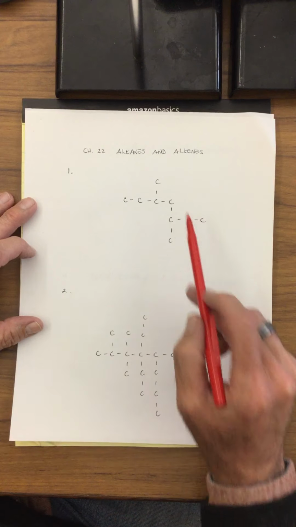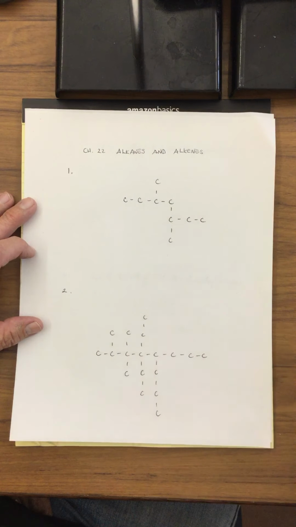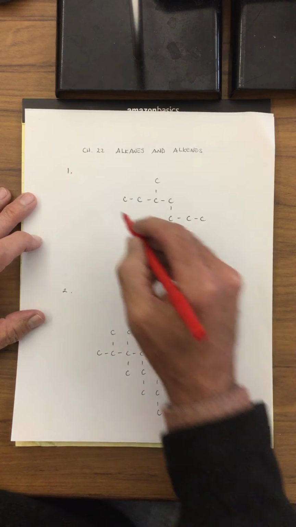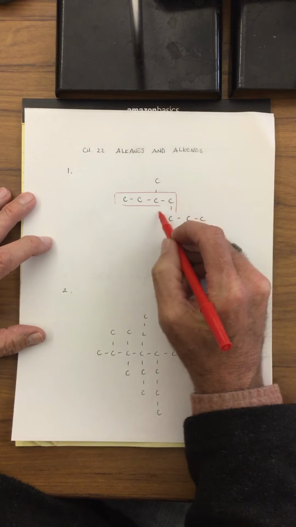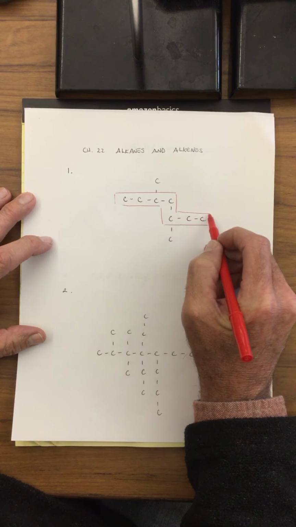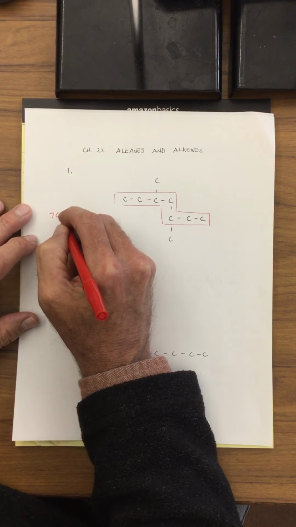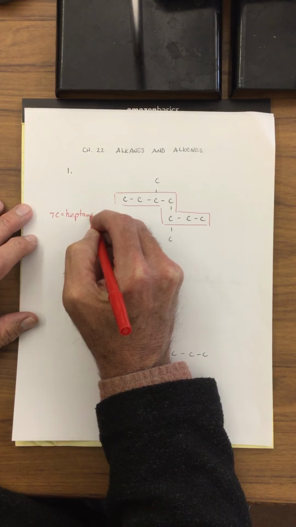Let's see if there are any other combinations. 1, 2, 3, 4, 5, 1, 2, 3, 4, 5, 6. So it appears that 7 is the longest chain. So I'm going to go ahead and block out my 7 carbon chain. And again, 7 carbons is going to be called heptane.